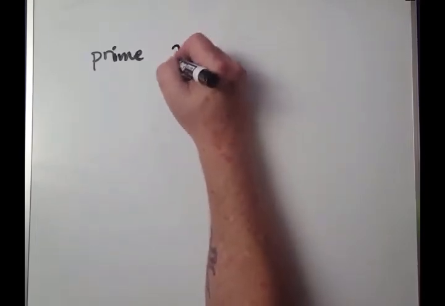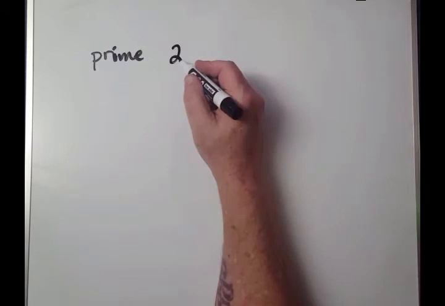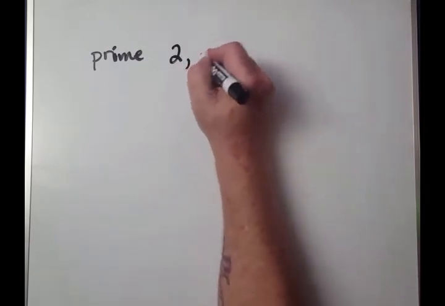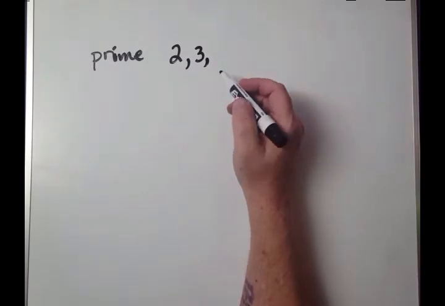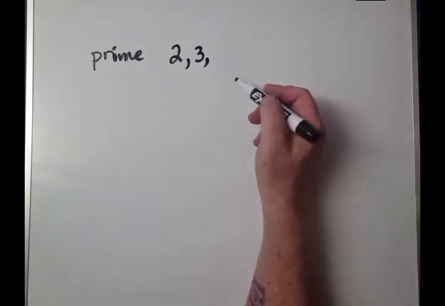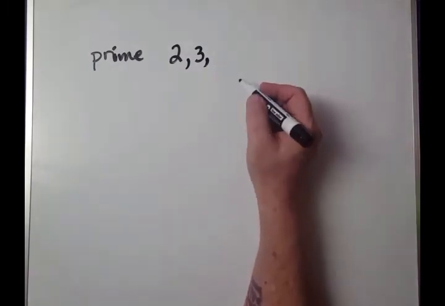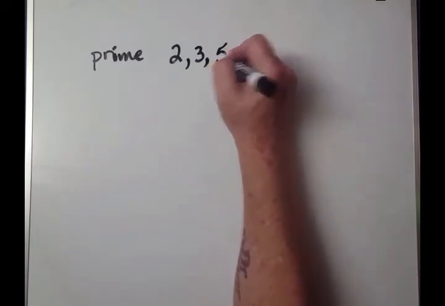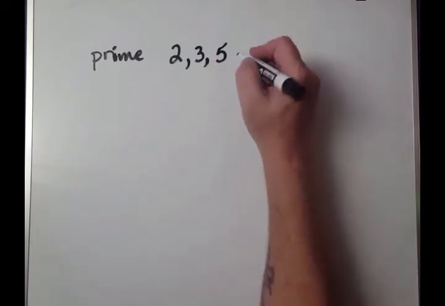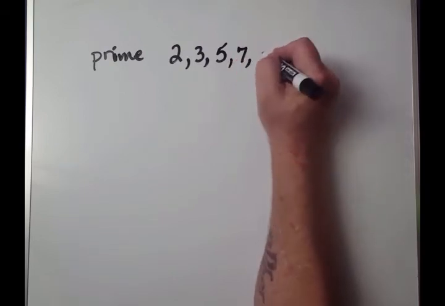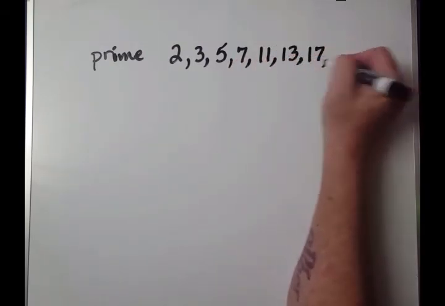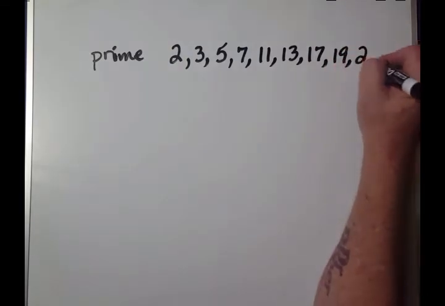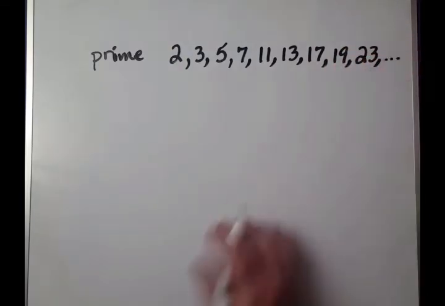2 is prime. The only things that will divide evenly into 2 are 1 and 2. 3 is prime. 4 is not prime because 4 is not only divisible by 1 and 4 itself, but it's also divisible by 2. 5 is prime. Nothing divides 5 but 1 and 5. The next ones are 7, 11, 13, 17, 19, 23.